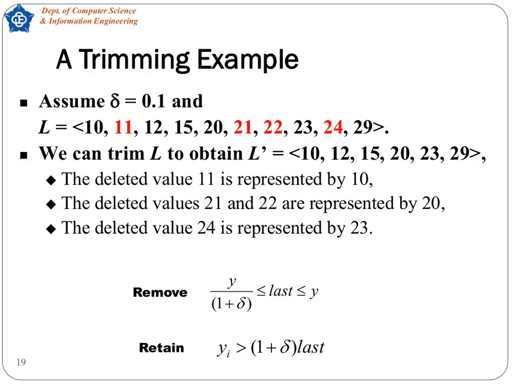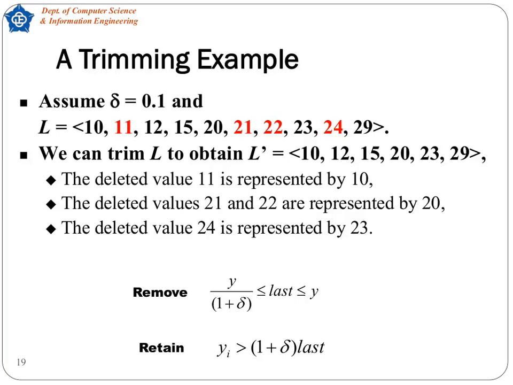10 is our first value, so we automatically retain it. Last equals 10. 11 falls between 10 and 10 times 1.1, so we discard 11 and keep last equals 10. 12 exceeds 10 times 1.1, so we retain 12. Last equals 12. 15 exceeds 12 times 1.1, so we retain 15. Last equals 15. 20 exceeds 15 times 1.1, so we retain 20.